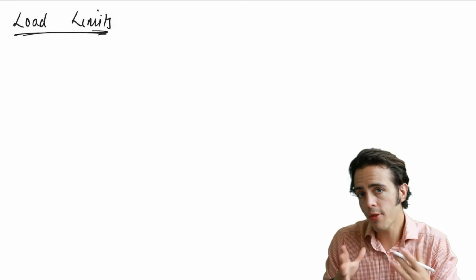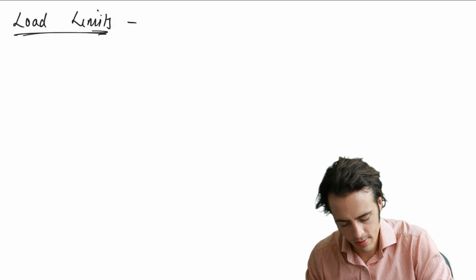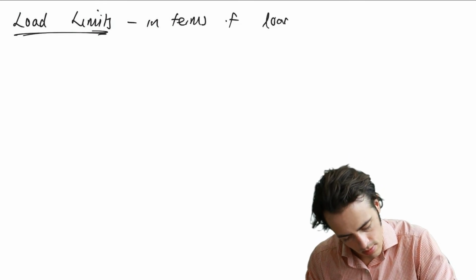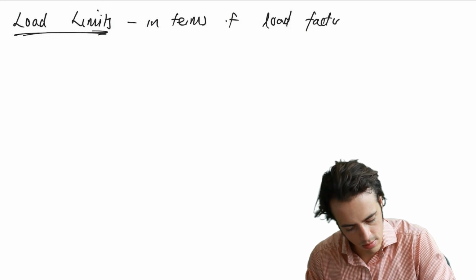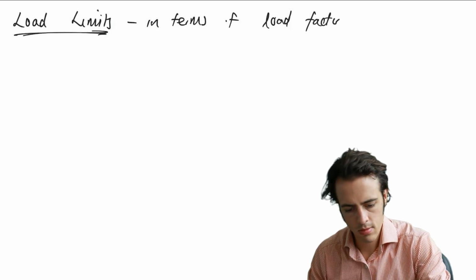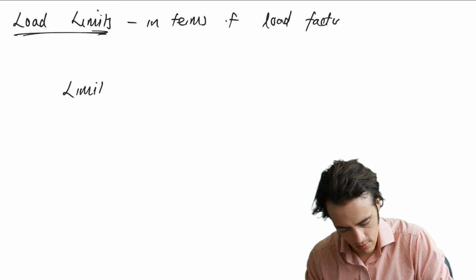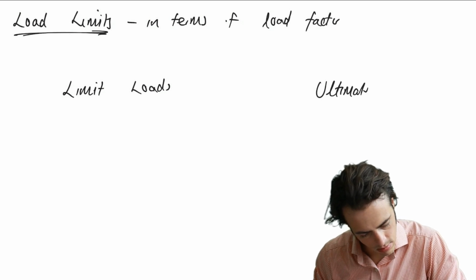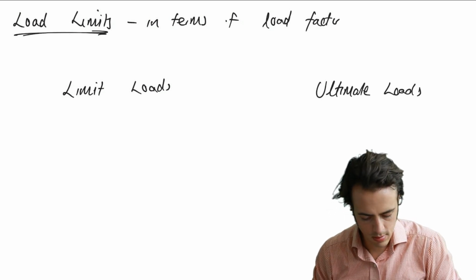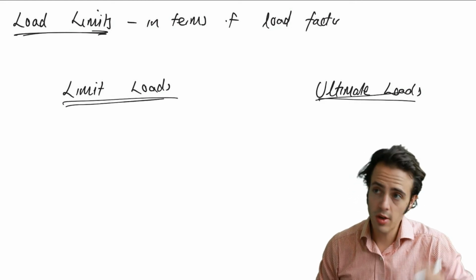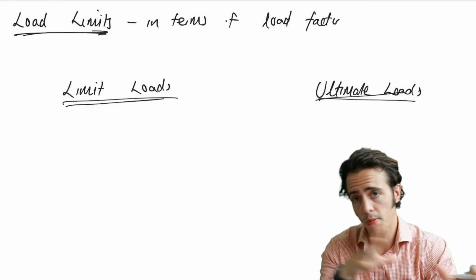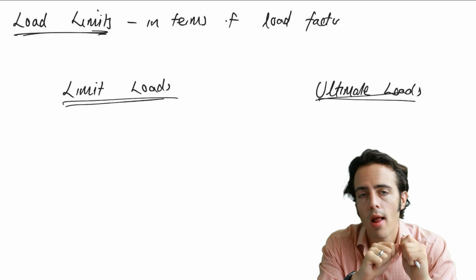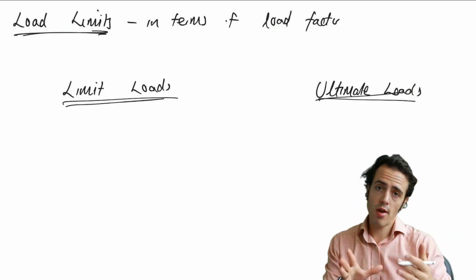Our load limits are all defined on aircraft in terms of this load factor. If you can recall from 304, which you took with me, and the courses that we took prior to that, if we've got a material component, we can apply a certain stress to it, and it will strain.